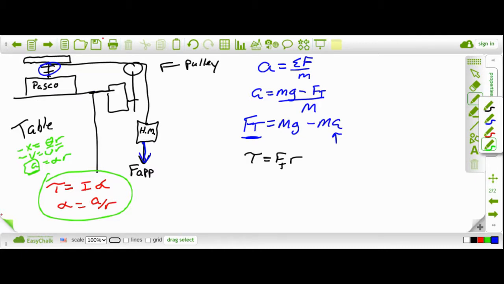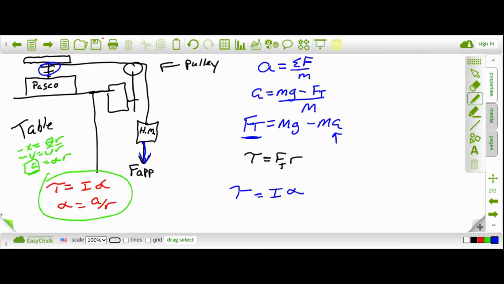Now, with that said, we can do a substitution here, and we realize that the torque is equal to, again, I alpha.